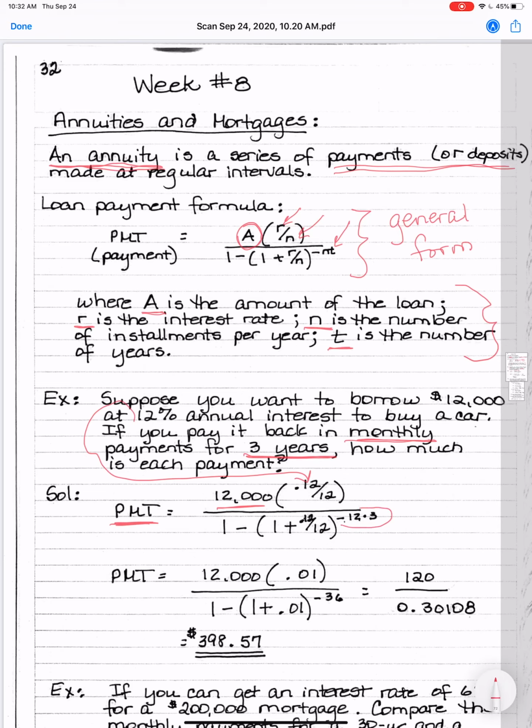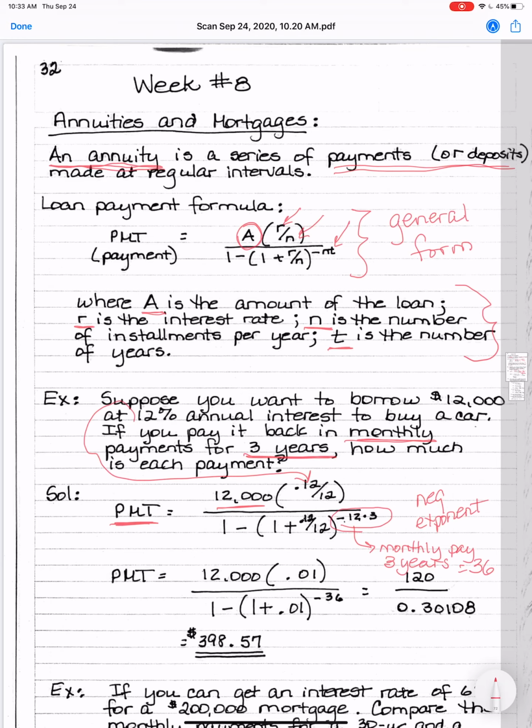times negative 12 times 3. Notice that there is a negative. It's a negative exponent. And we're making monthly payments for 3 years. So this is going to be 36 total payments that you're paying.